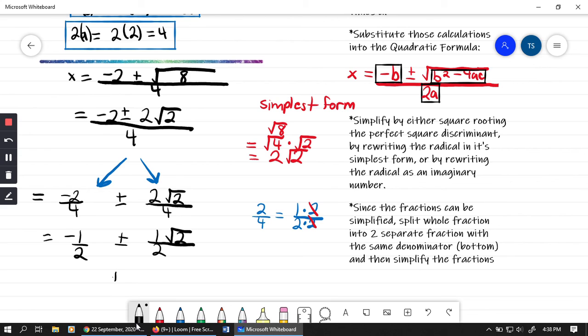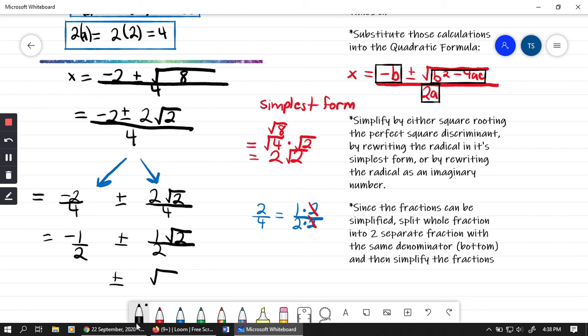Now, a 1 as a coefficient of the radical does not have to be written at all, because it's the same thing as 1 times the square root of 2 at the top.